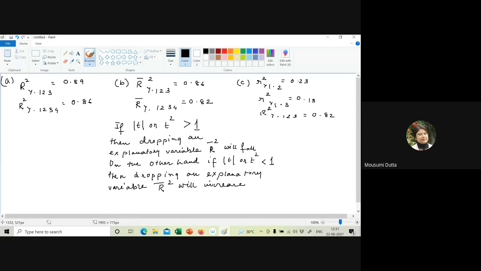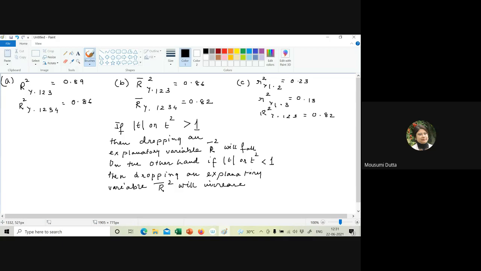In both the cases, we are dropping an explanatory variable. If the associated modulus t statistic or t square is less than 1, dropping that variable, R bar square will improve. However, if the mod t or t square is greater than 1, in that case, dropping the variable, R bar square will fall.